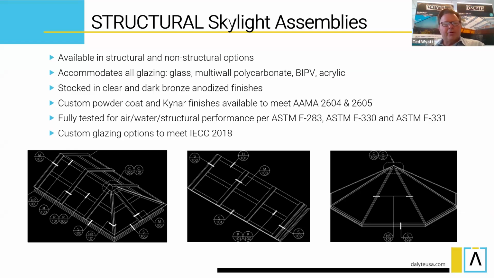We stock our extrusion in clear and dark bronze anodize, but we can also powder coat and paint the finish to any color your project requires. Our systems are fully tested for air, water, and structural per all the ASTM standard tests. And there's a variety of custom glazing options to meet whatever your local energy code requirements are.